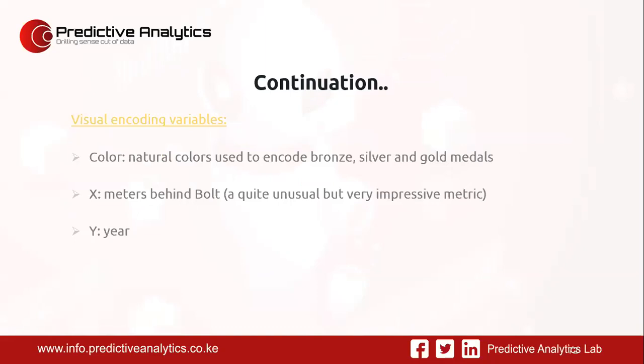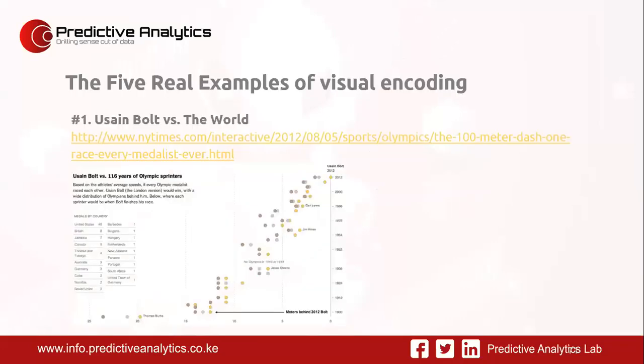So we have the use of color. Then we have the X. X is meters behind Usain Bolt, which is quite unusual, but it's very impressive. Here we have the meters behind Usain Bolt.